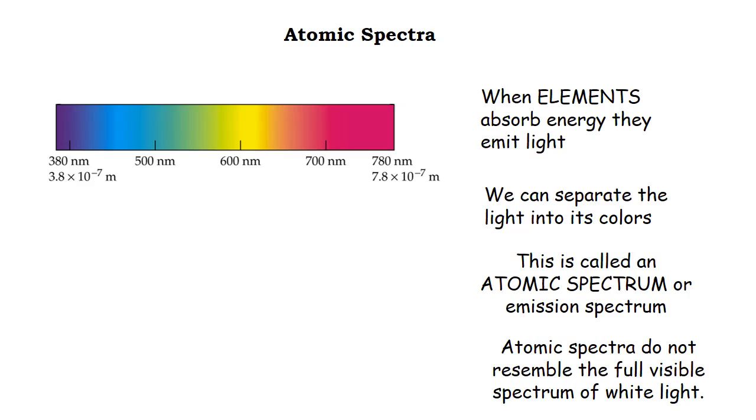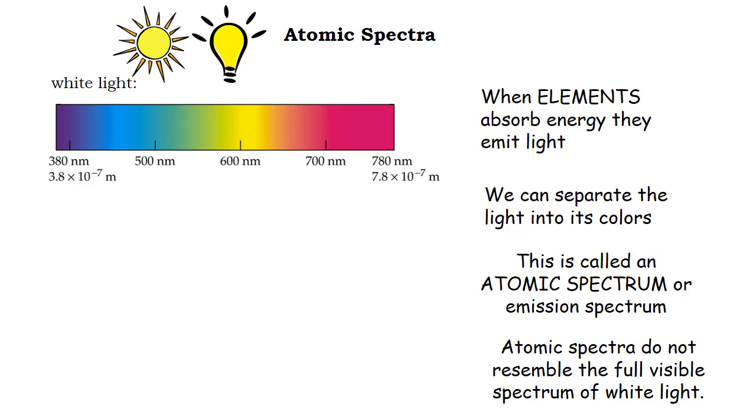So this would be a continuous spectrum like you see here, from violet going into various shades of blue, into aqua, into green, all the way through to red. So this would be a continuous kind of spectrum. And this would be what you see if you separate white light into all of its different colors. White light would be light that comes from the sun, for example, or from an incandescent light bulb.